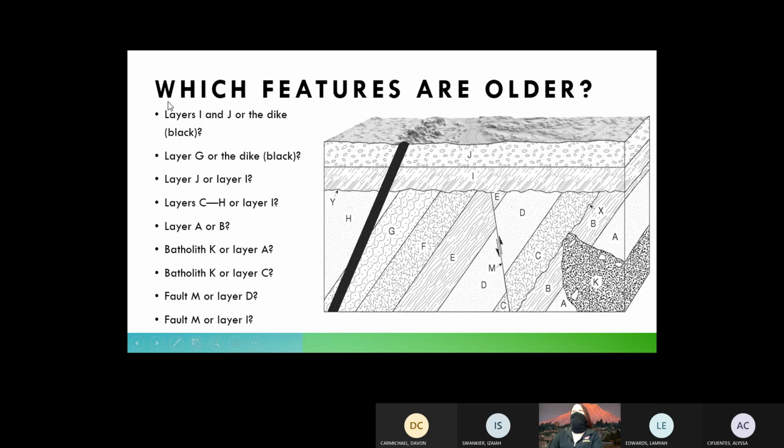So give me some things. So layers I and J or the dike. So here's your dike. And then letters I or J. Which one is older?